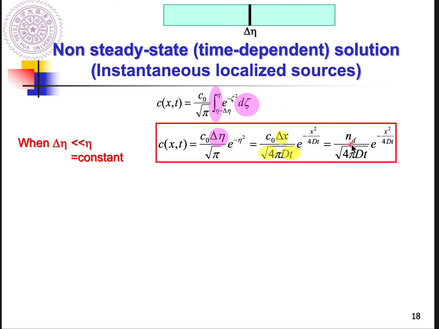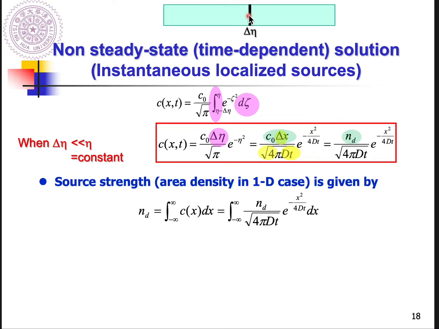So we got the ND, and this is a volume density times the length, so ND becomes the area density. So it's area density in this region, right? In your textbook, the area density is called the source strength, the area density in the 1D case.